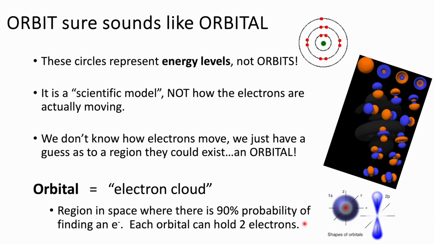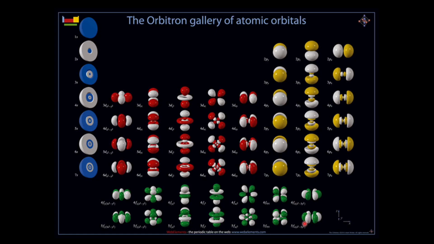Turns out each orbital can hold 2 electrons, which is why we get this beautiful gallery of atomic orbitals. This is the periodic table cut in half because each one of these orbitals holds 2 electrons. These are the regions in space that you're likely to find electrons.